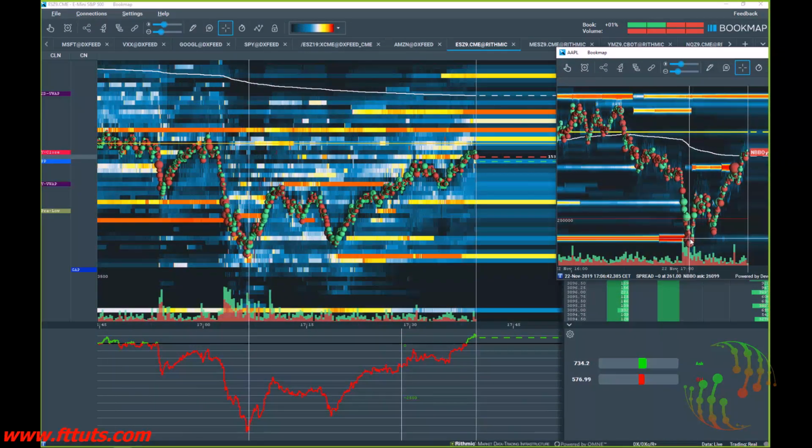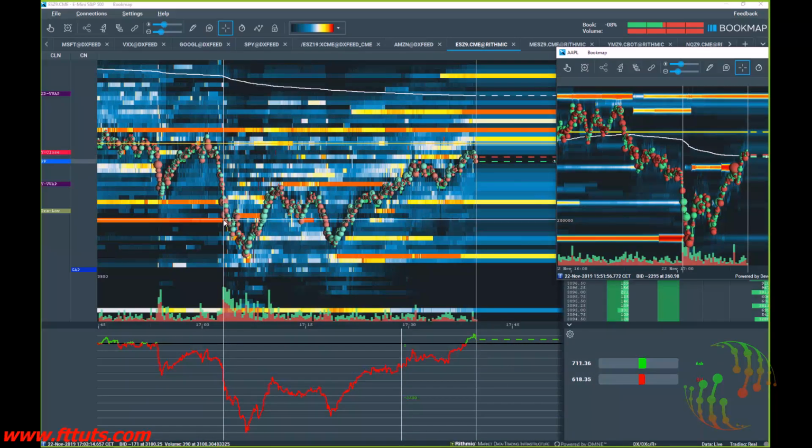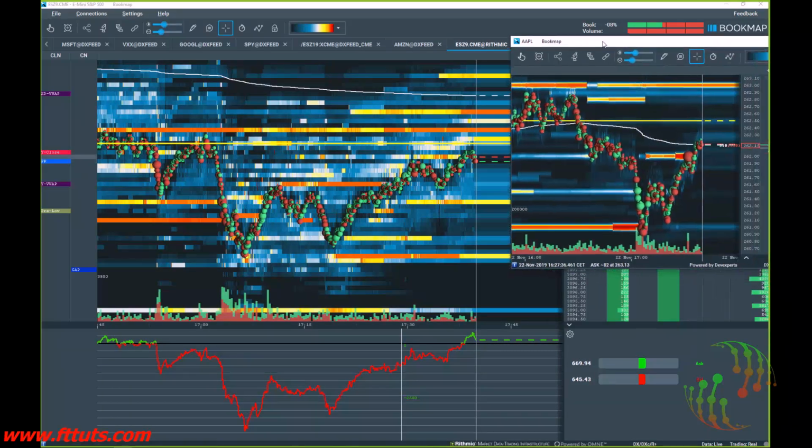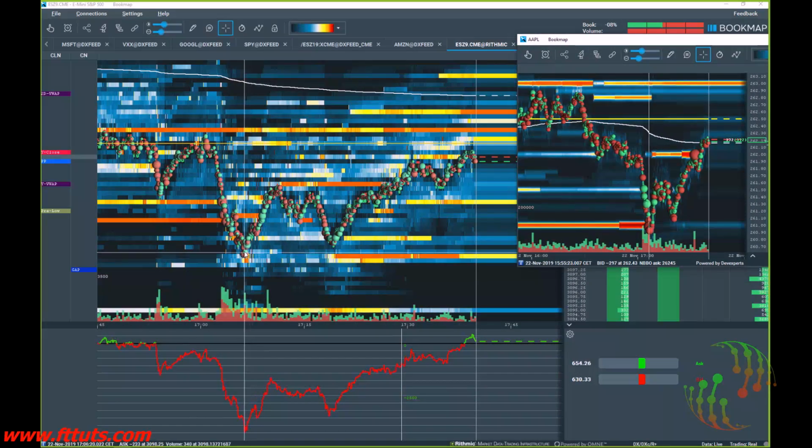Now look here, when I use the crosshair, you can compare wonderfully where the absorption happened. We had this psychological area around 3100 here. It dropped down to 98, and look how impressive it is to understand the correlations between the markets.